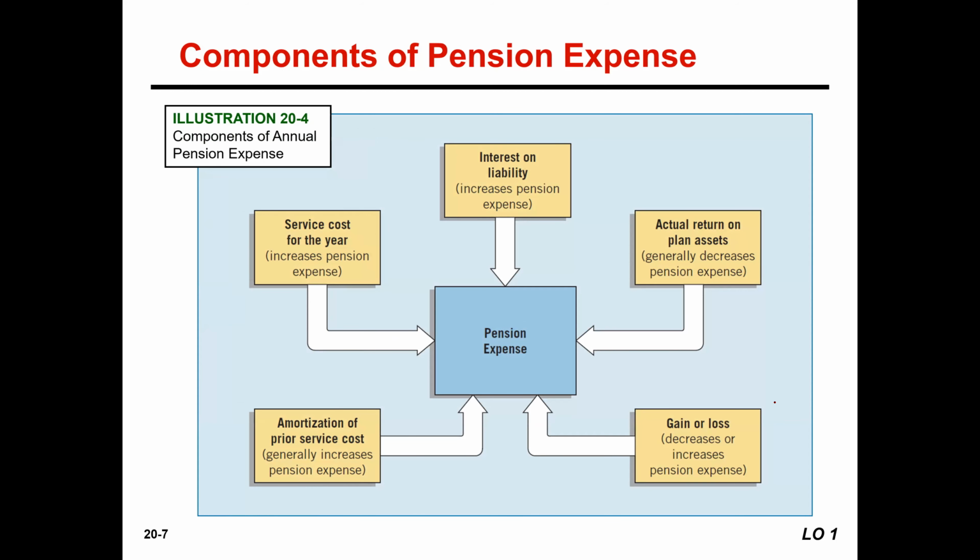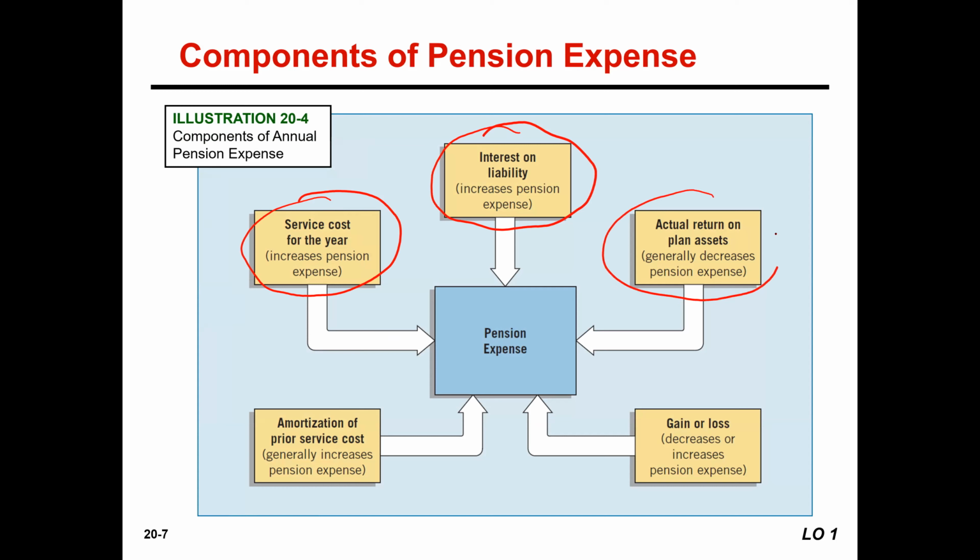All right, so here are some of the different factors that can impact our pension expense. We're going to go through each of these individually on the next few slides. Service cost for the year increases pension expense. Interest on the liability also increases the pension expense.